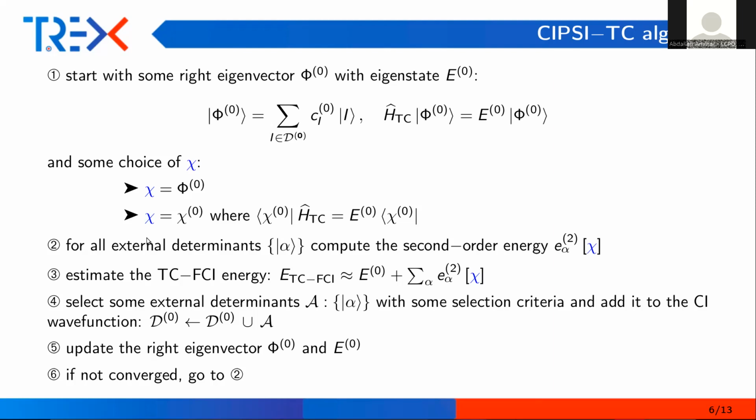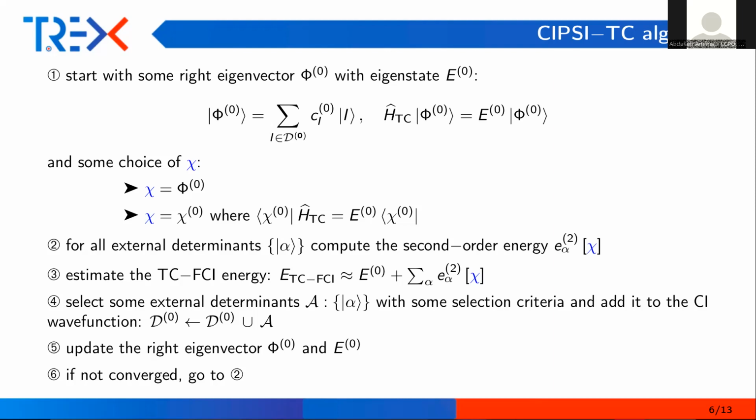So then we generate all the external determinants, and we compute the second order energy of H1. This allows us to estimate the transcorrelated FCI energy by adding all these contributions. And then we select the most important determinants with respect to some criteria. So in our case, we fixed the energy as a criterion.